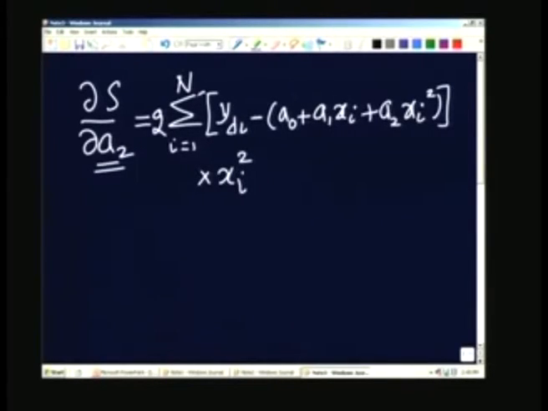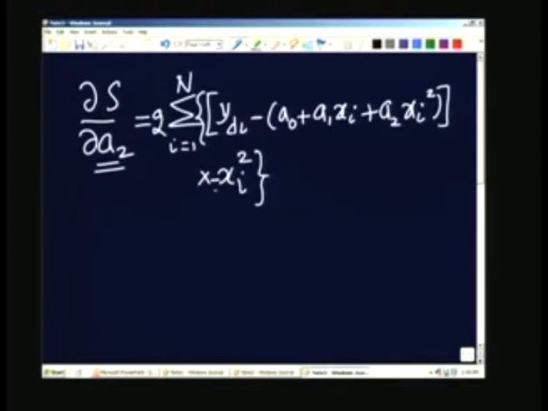If you want, you can put the whole thing in a flower bracket because the entire thing here is dependent on xi, of course with a negative sign. So, that negative sign can be introduced here, so no problem.